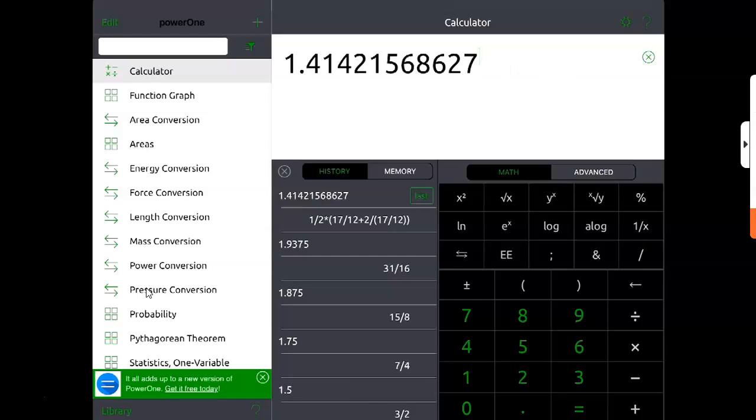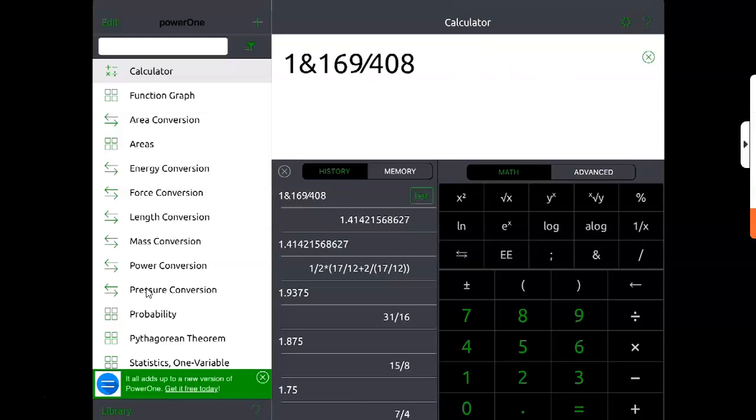And so I get this decimal here, which, by the way, as a fraction is 1 and 169 over 408, which is actually 577 over 408. The decimal value is 1.41421. We've now gotten the first 5 digits of the number only on the third attempt.